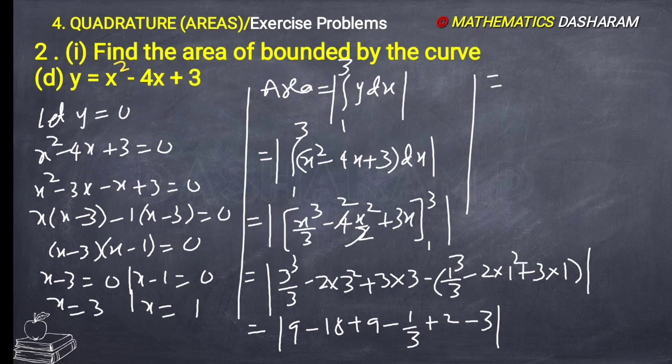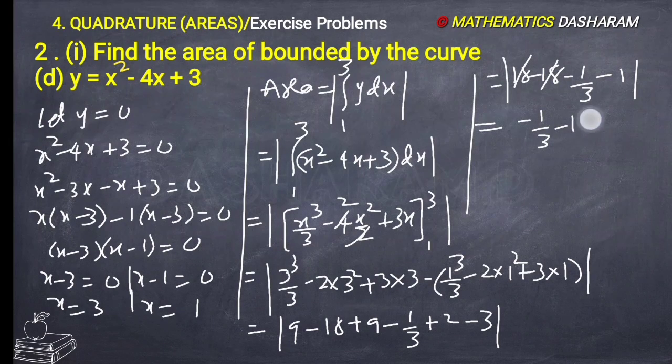It equals 9 plus 9 is 18, minus 18, minus 1 by 3, 2 minus 3 is minus 1. The 18 minus 18 cancel, leaving minus 1 by 3 minus 1. Now the LCM is 3: minus 1 minus 3, which is minus 4.